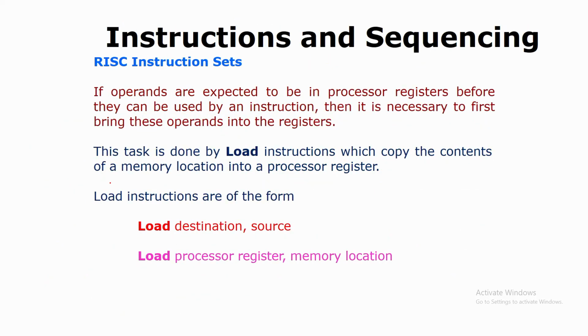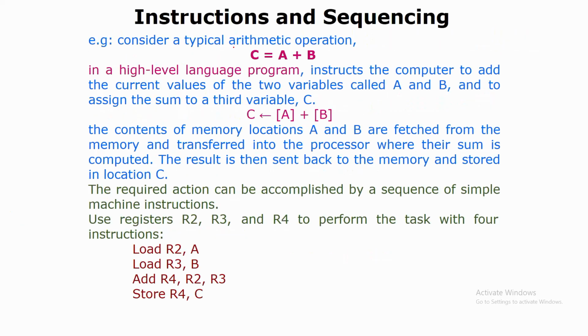Now we can see how they execute arithmetic operations. We are going to consider an example: C equals A plus B. Here the operands first need to be stored in memory locations A and B. Those locations A and B are then transferred to the processor registers using the instructions load R2, A and load R3, B. Then the instruction add R4, R2 and R3 computes the summation of those two operands.